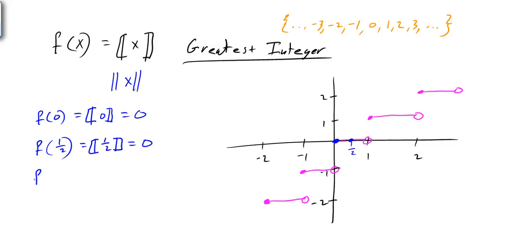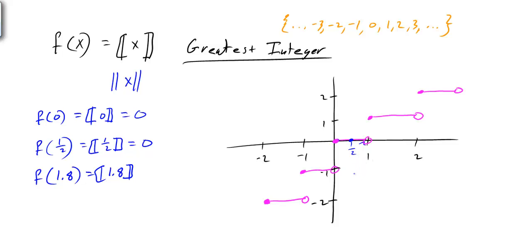So what do you think would happen if I said f of, let's say, 1.8? Well, is 1.8 an integer? The answer is no. 1.8 would be probably right about here somewhere. So we want to pick, once again, the greatest integer that is less than 1.8. I'm sorry, 1.8.